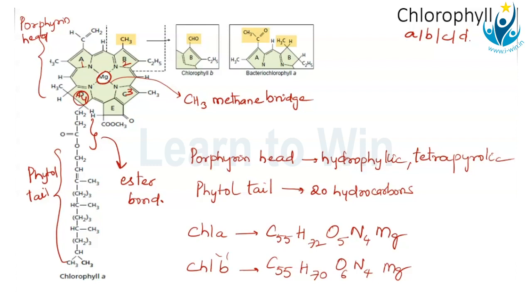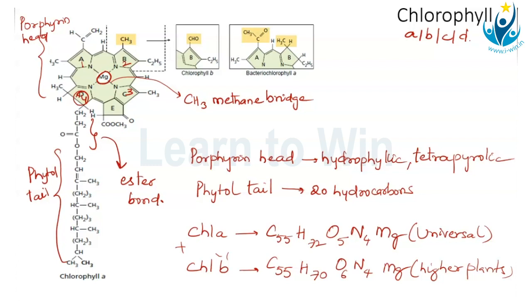Chlorophyll B is usually present in higher plants like bryophytes, pteridophytes, gymnosperms, angiosperms. All of them will have chlorophyll B along with chlorophyll A. Chlorophyll A is universally present in all photosynthetic organisms; along with that, the second chlorophyll present in photosynthetic plants is chlorophyll B.